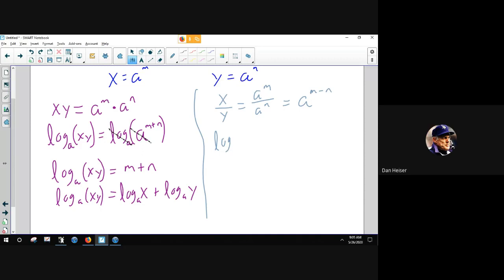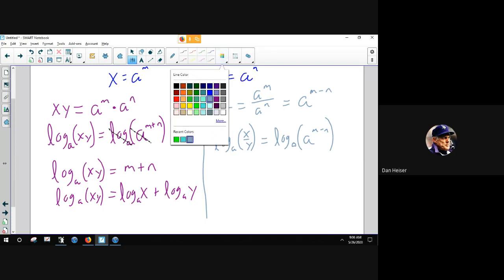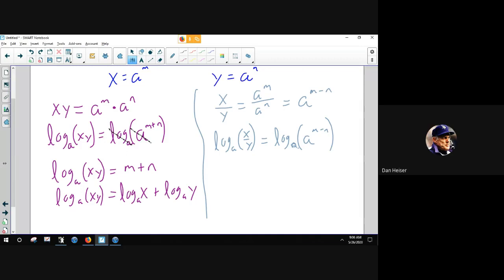Take the log base a of both sides. You should see what's coming next. Ooh. There we go. What's coming next? Log base a cancels a. Why are you doing that?